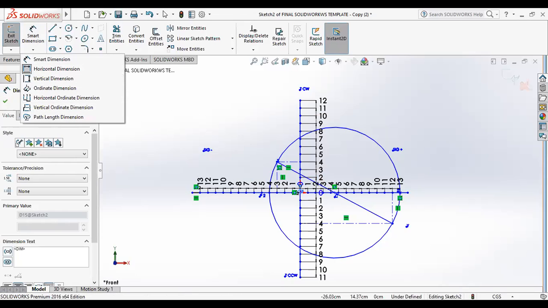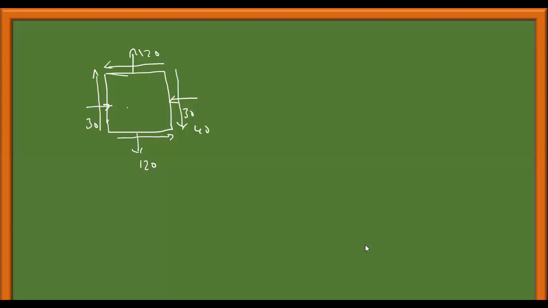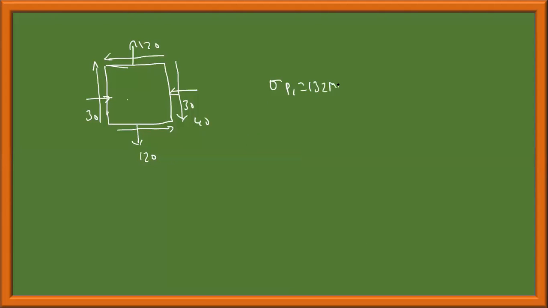I will write it here. From the graph sheet, sigma P1 is around 132 MPa.